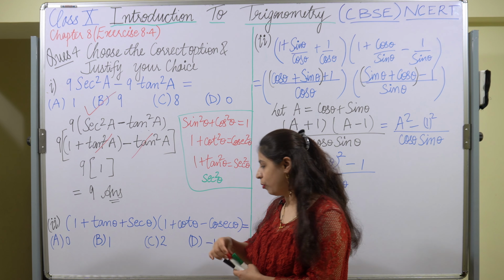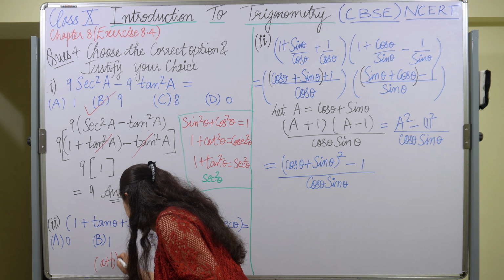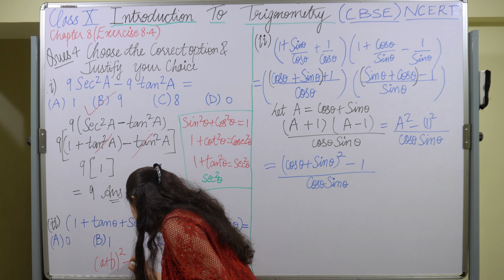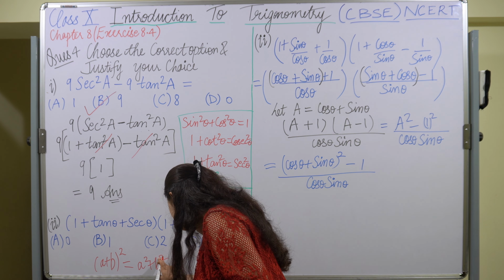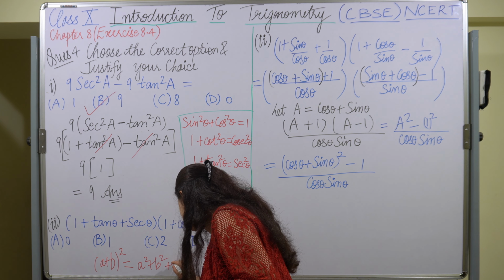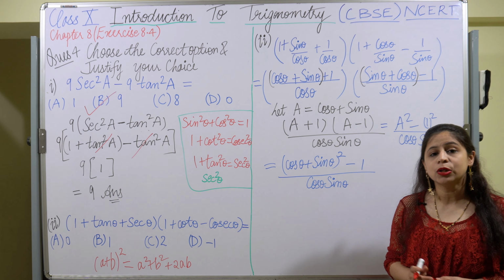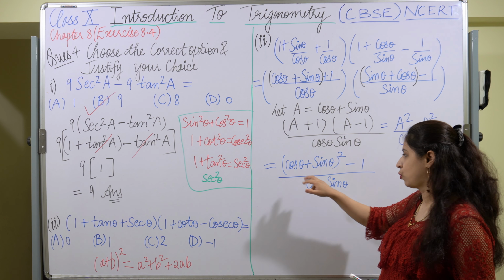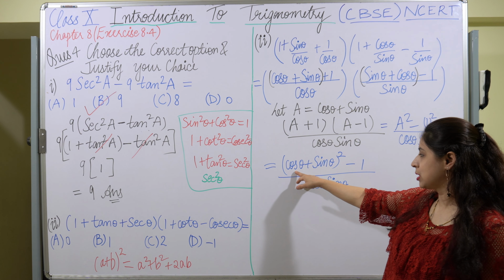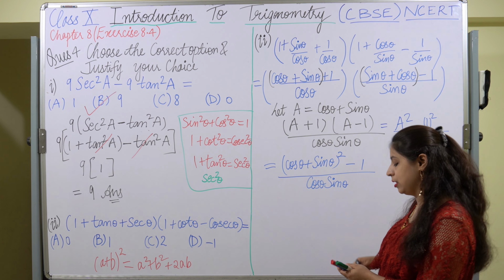We'll be opening it with this formula. So it is A square plus B square plus 2AB, where A is cos theta and B is sin theta.